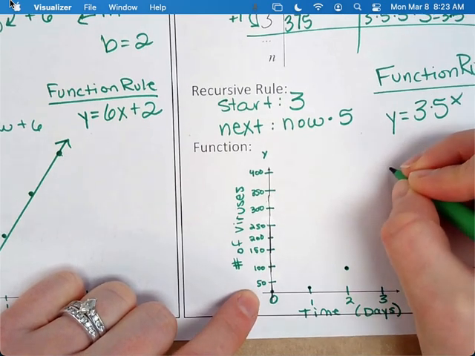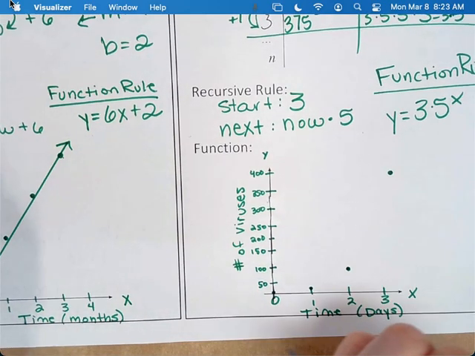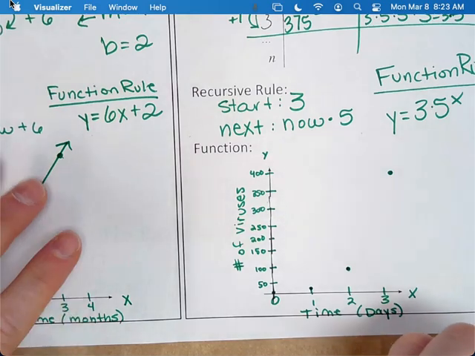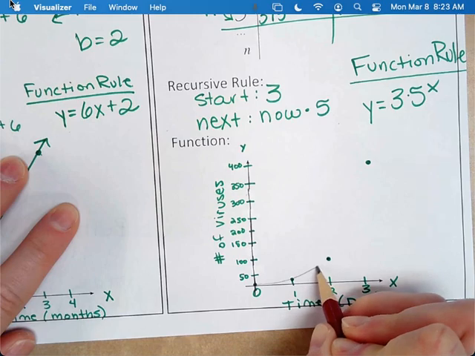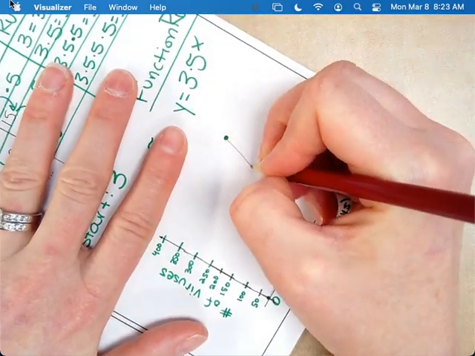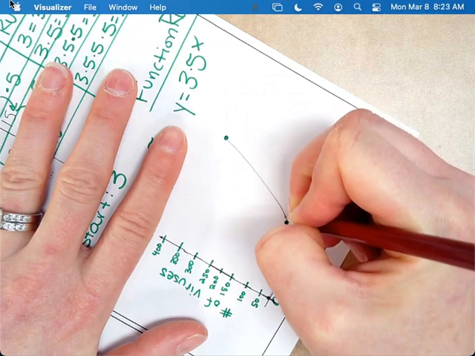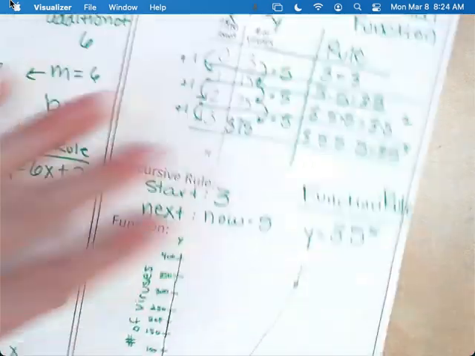And 3 is with 375. Is this linear? No. No, it goes at a curve. Something like that.